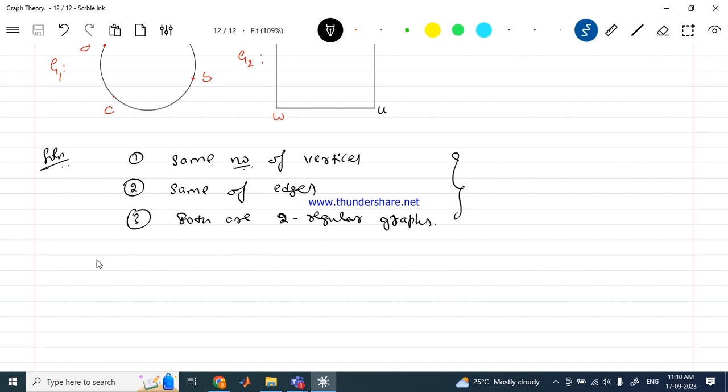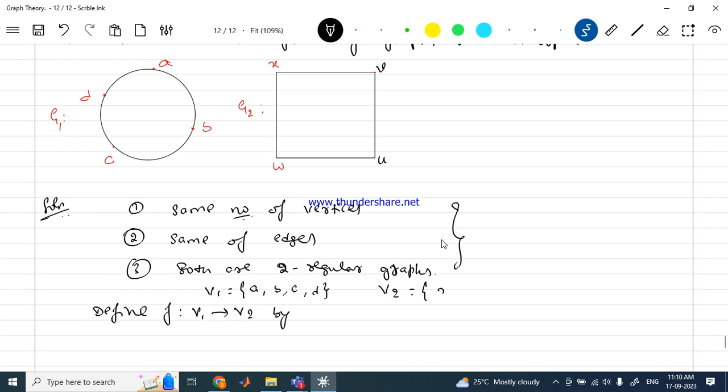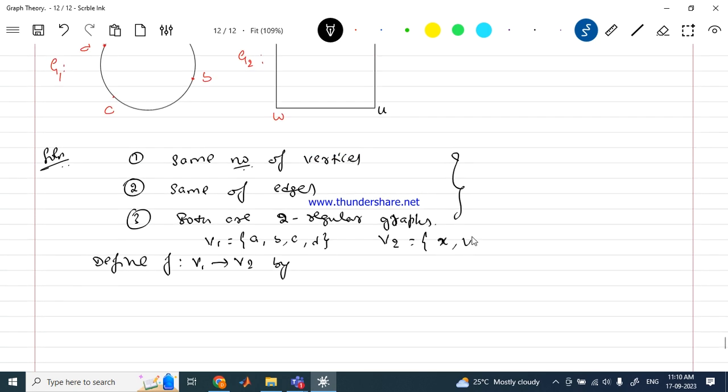For this, the first thing you should do is define f from V1 to V2. Let me define V1 first. V1 is given by A, B, C and D. The vertex set V2 is given by X, V, U, W. Order is not important, so you can put it in any order.